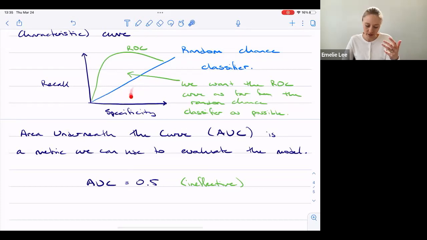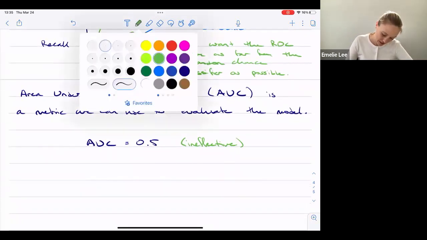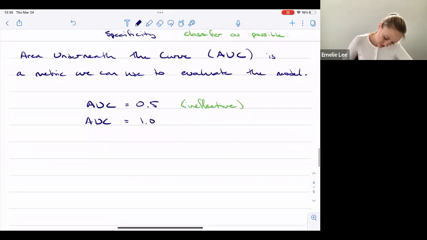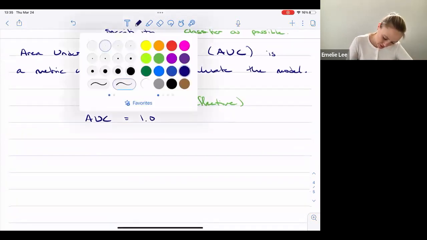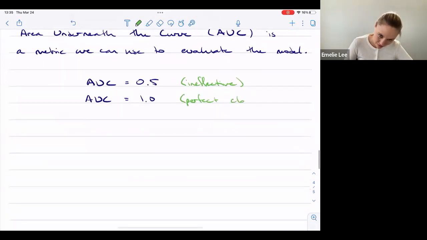You don't want to have your specificity higher than your recall; you're interested in the ones. So an ineffective AUC would be 0.5, and the AUC can go to 1, which would be a perfect classification model.